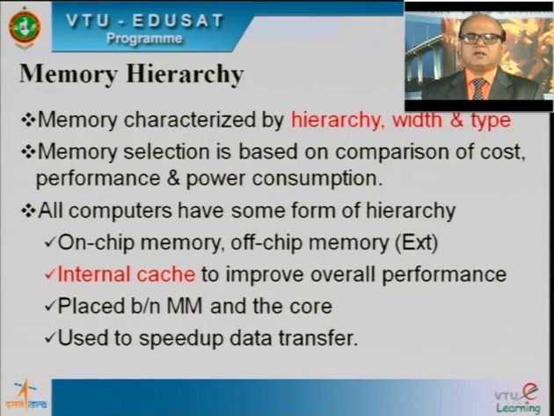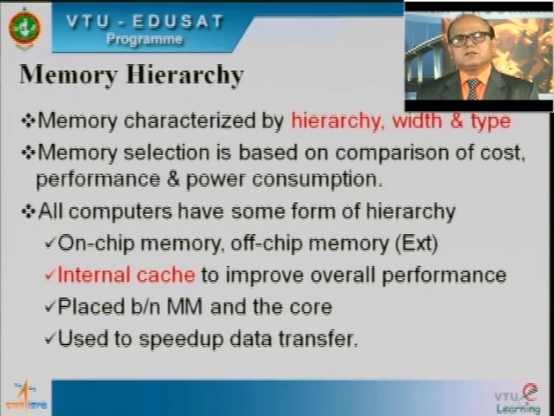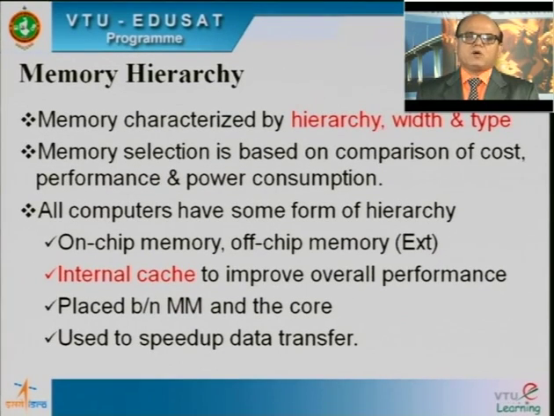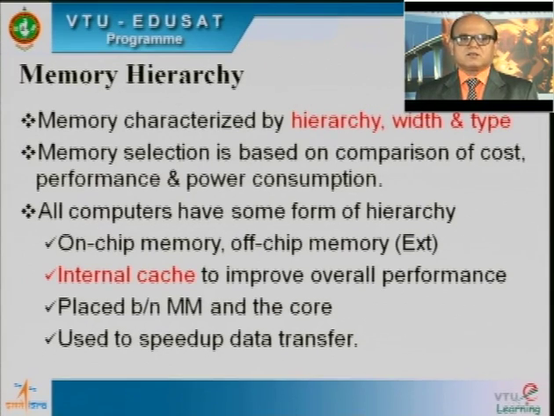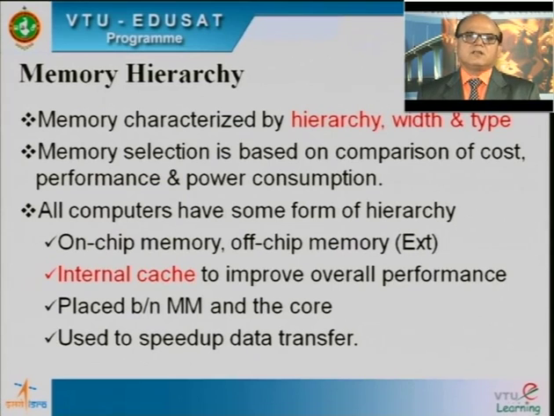Another important type of memory is the internal cache. In the memory hierarchy we also find the internal cache, which is within the processor core. In PCs we find caches of different levels: L1, L2, L3 and so on.